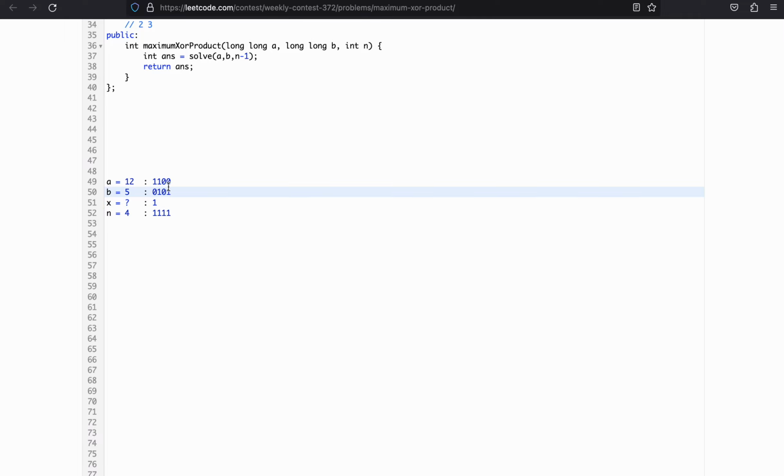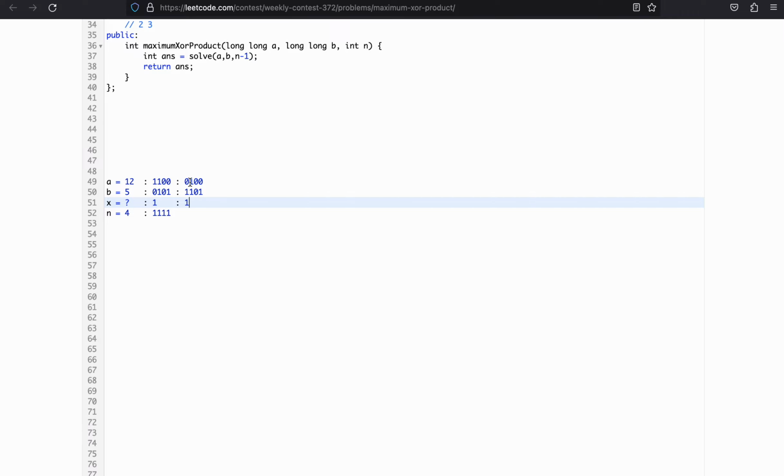Now the numbers have changed, so we take the bitwise XOR with both, so a becomes 0100, and b becomes 1101. Now we set the bit in the second position.